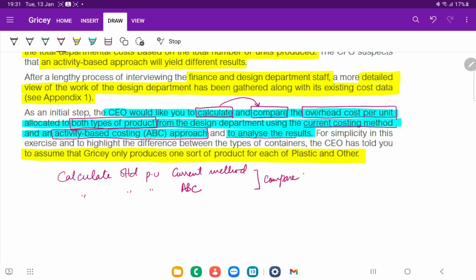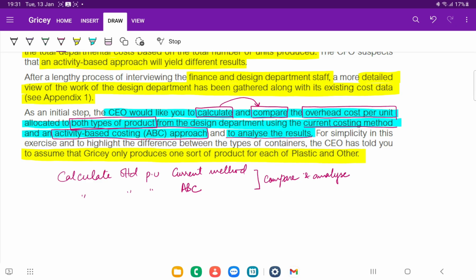And to analyze the result, compare and analyze, what will happen if we switch to ABC? For simplicity in this exercise, and to highlight the difference between types of containers, that's some simple story. So this is basically what you have to do in 13 marks.